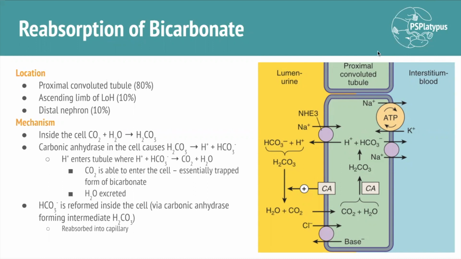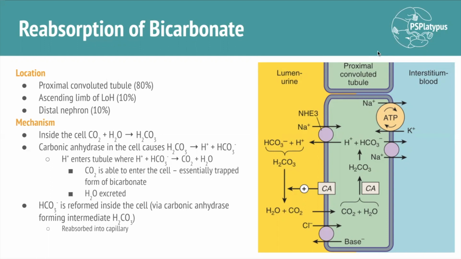In terms of what exactly happens, carbon dioxide and water freely diffuse across the apical surface of the lumen into the epithelial cells of the nephron, where carbonic anhydrase combines the carbon dioxide and water to form carbonic acid, which then dissociates into a hydrogen ion and bicarbonate ion. The bicarbonate is actively transported out of the cell and into the blood via the basolateral membrane, whilst the hydrogen ion that is left is pumped back into the lumen of the renal tubules to combine with free bicarbonate ions spontaneously to form carbonic acid.